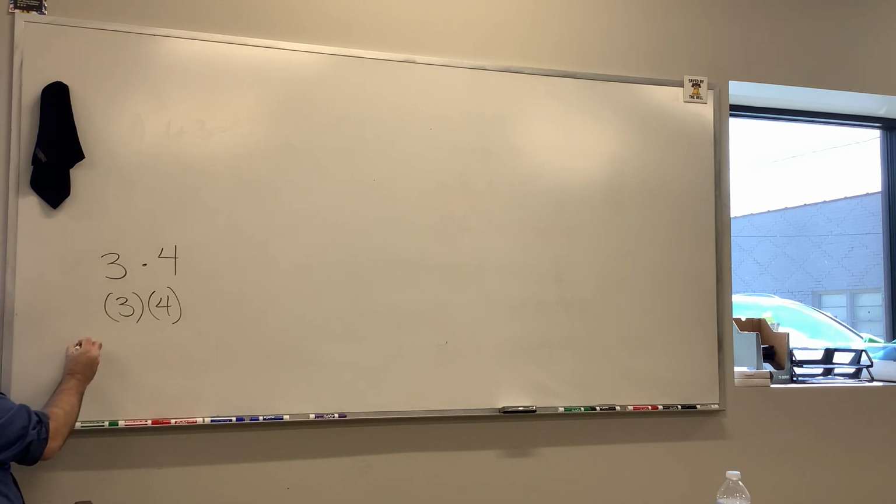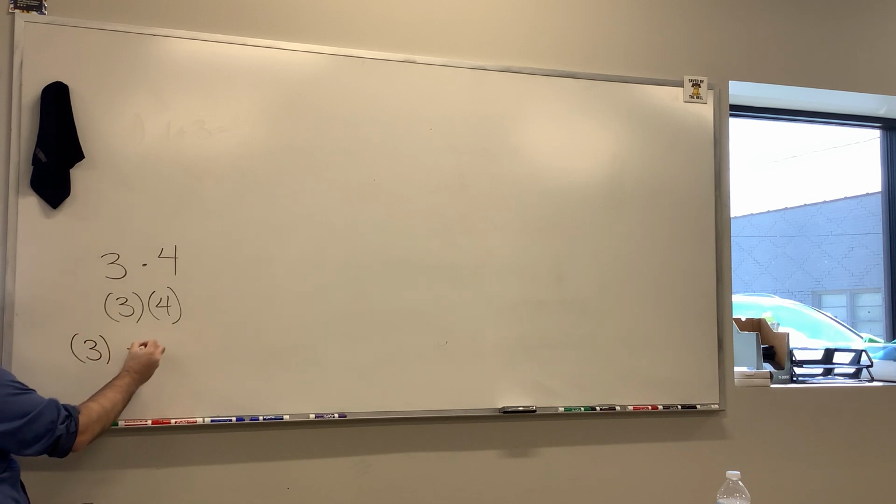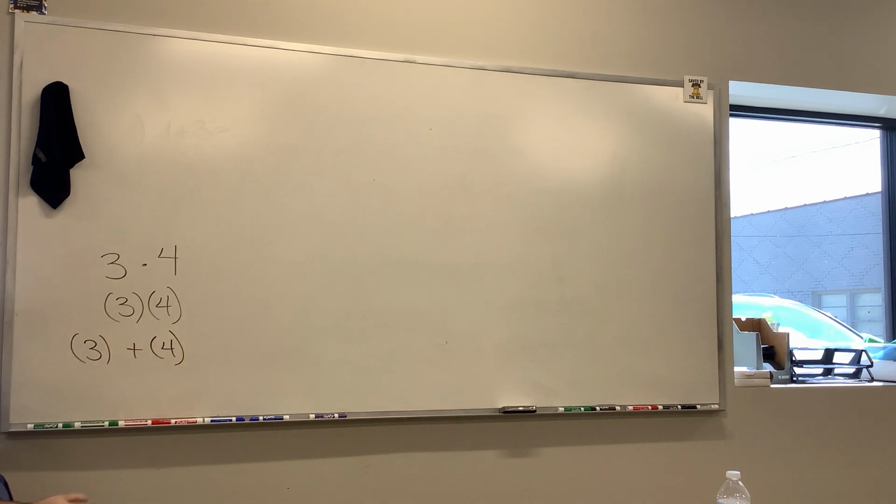So if I say 3 plus 4, I've separated it and put a sign in between, so now it's no longer multiplying, it is now 3 plus 4, so we get 7. If there's no sign, then you're multiplying, but if there is a sign, then we're not multiplying. That sign is what makes it not multiplication anymore.